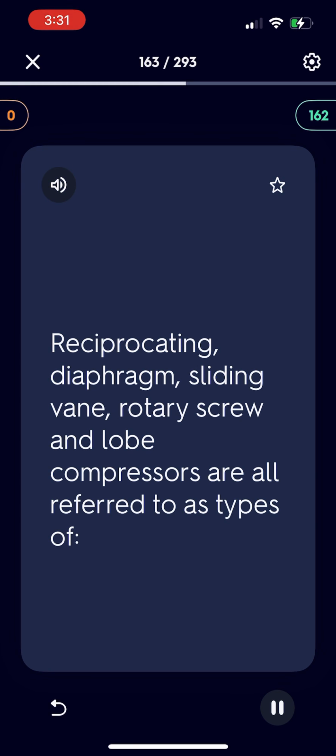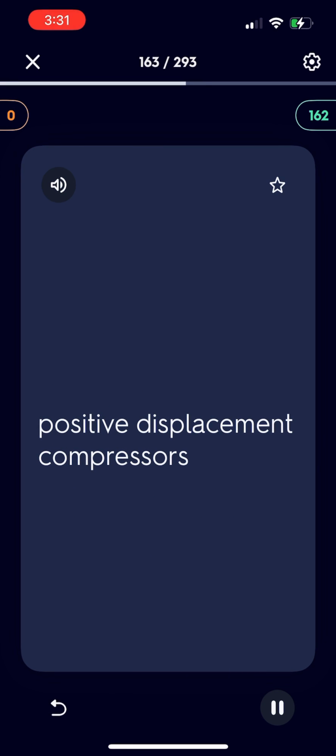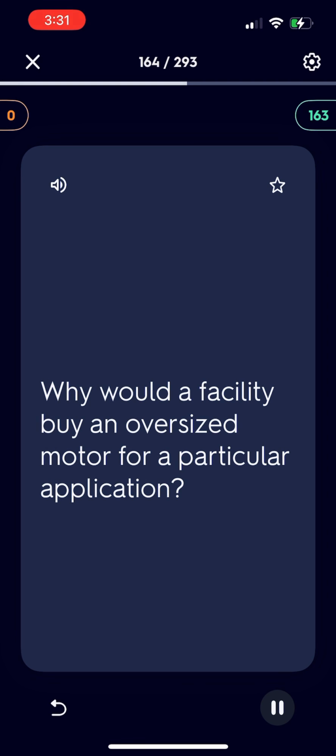Reciprocating, diaphragm, sliding vane, rotary screw and lobe compressors are all referred to as types of positive displacement compressors. Why would a facility buy an oversized motor for a particular application?